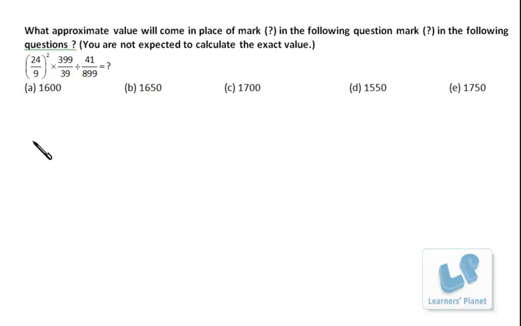now this multiplication division problem, and the difference among options is ranging from 50 to, I think, 100 or maybe 150, right?